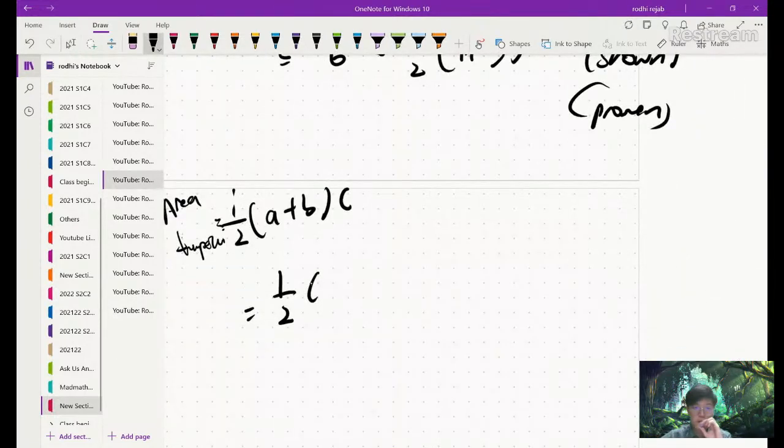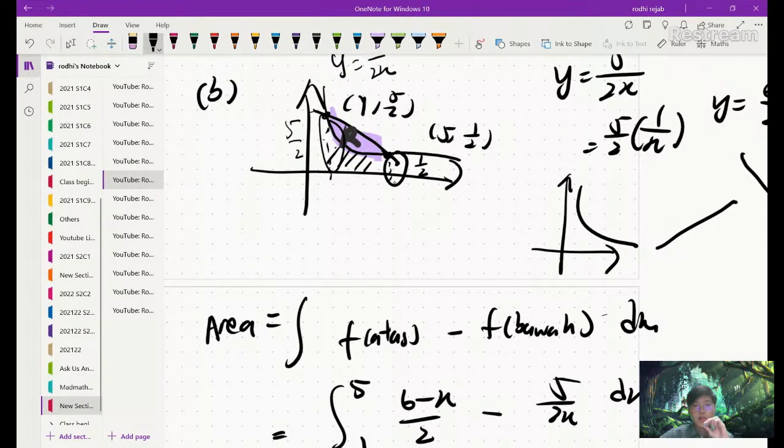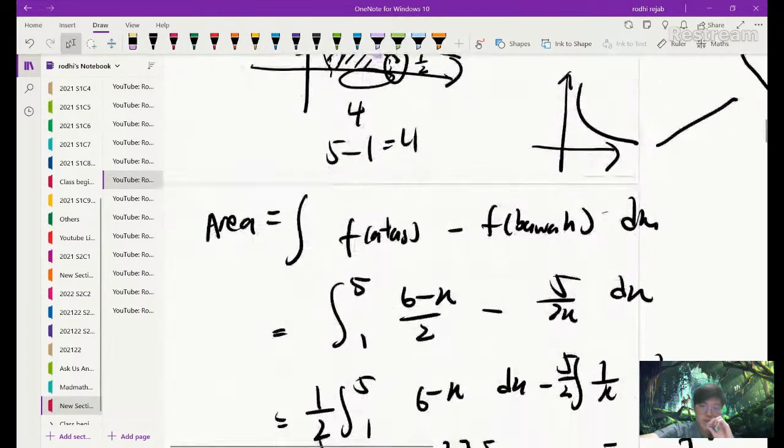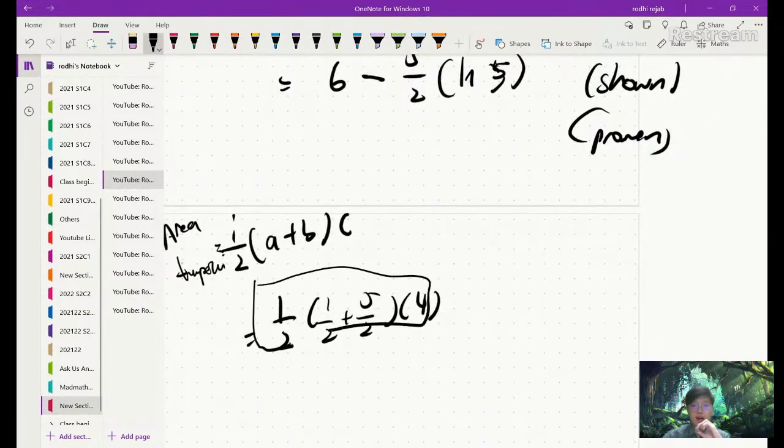So 1/2 plus 5/2, times 4. Why is C 4? C is the length along the x-axis, which is 5 minus 1 equals 4. So this is the area under the straight line graph. Then we also have to subtract the area under the curve, which is the integral of 5/2 times 1/x dx.